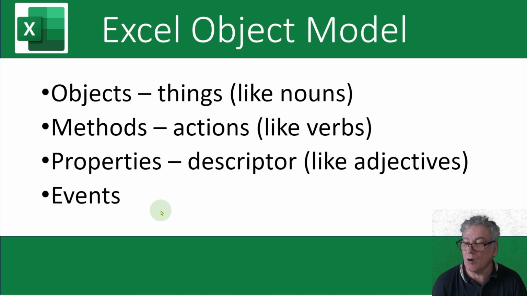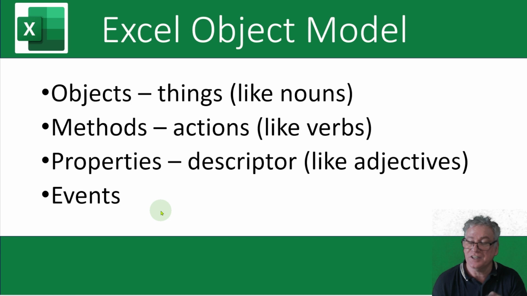And then you have properties, and a property's like an adjective, sort of. The analogy breaks down a little bit here, but a property is like a descriptor, all right? So an eye has a colour, all right? So that colour is a property, all right? A cell has a value, all right?